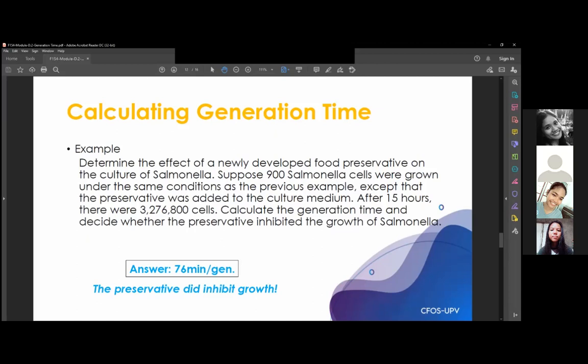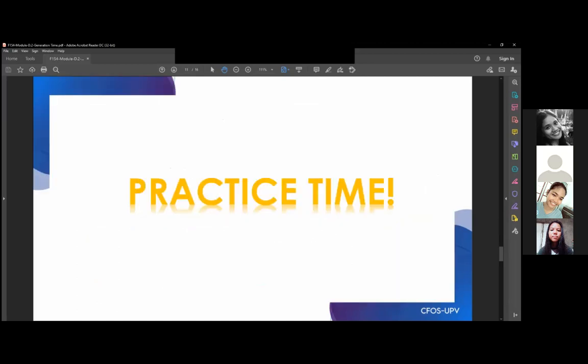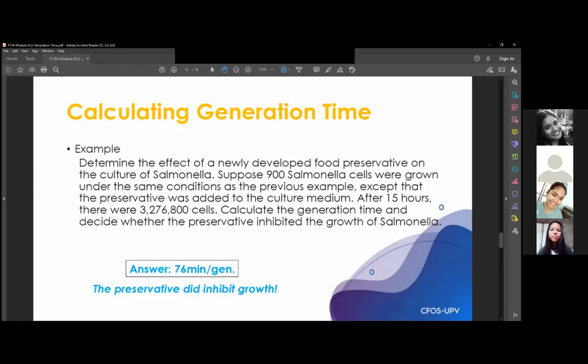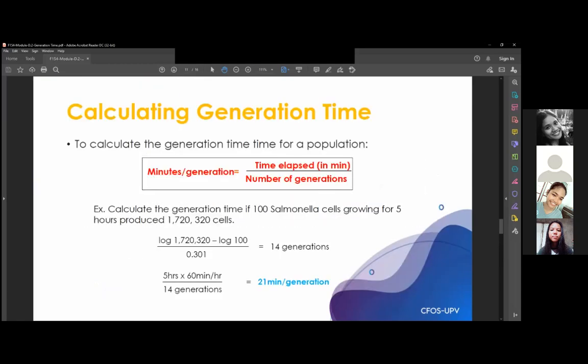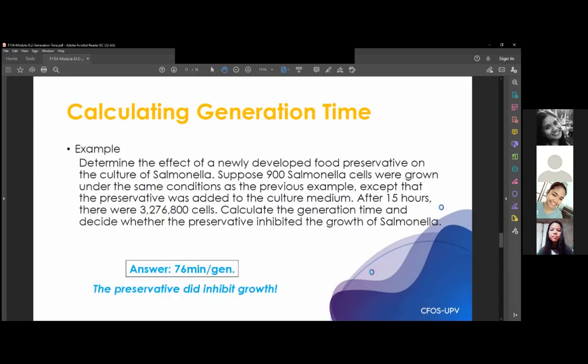So kung mas mababa yung generation time, saan ba yung example? Ayan, dito, 21 minutes lang per generation. Andito pa lang ako guys sa slide 12. In the slide, 21 minutes yung per generation.